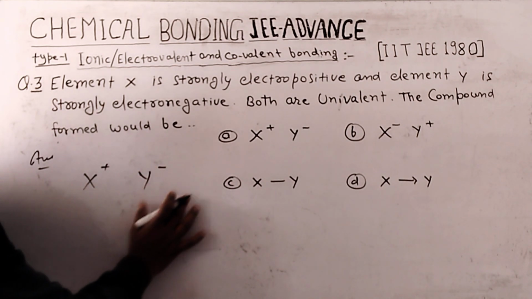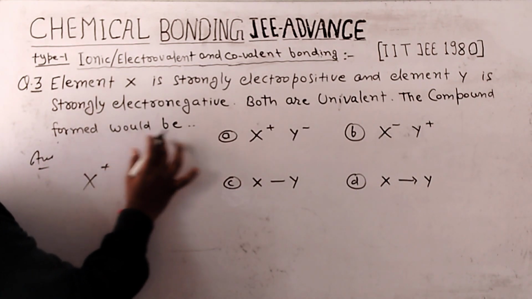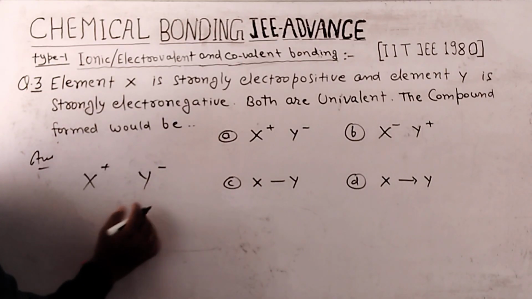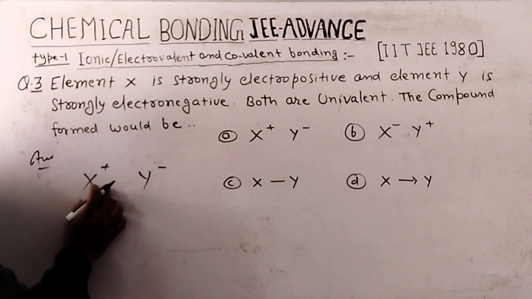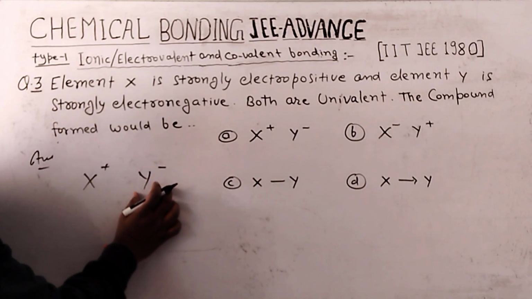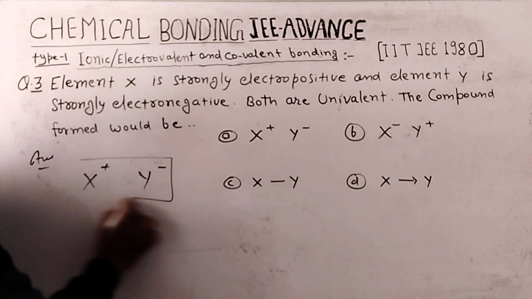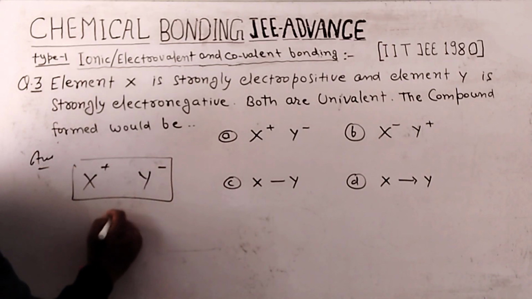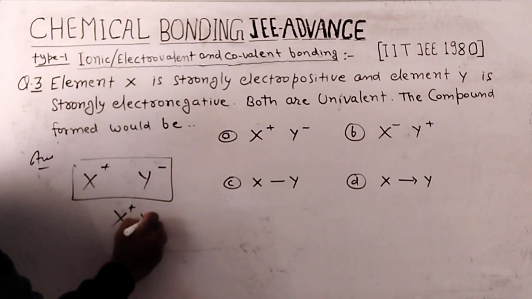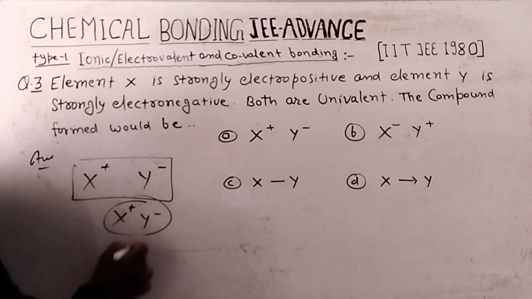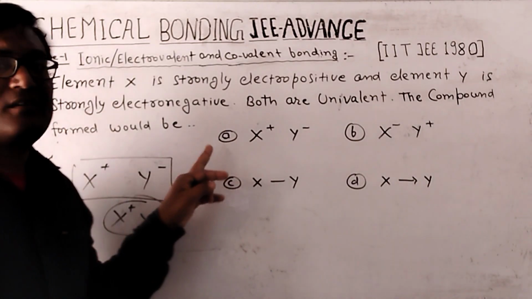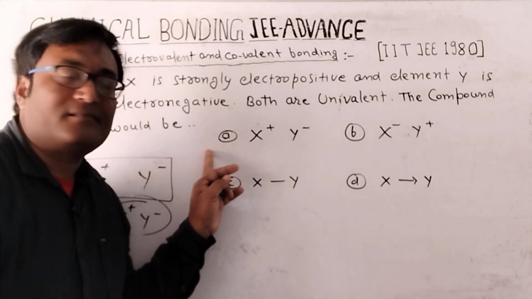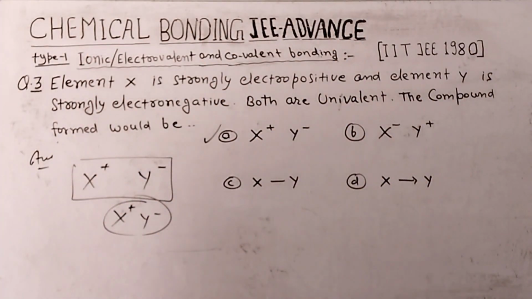So both are univalent. With the help of a single cation and a single anion, we can form the compound X+Y-. So an ionic compound is formed. According to the given options, A is correct. You can take a screenshot.